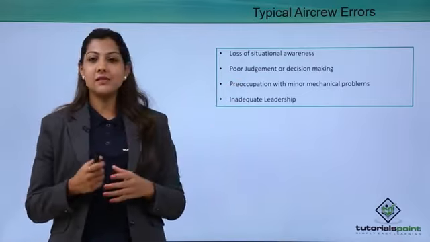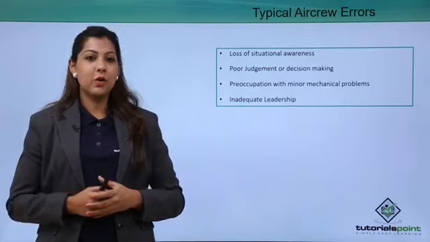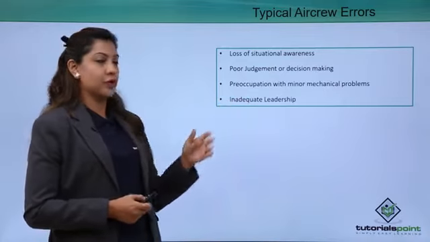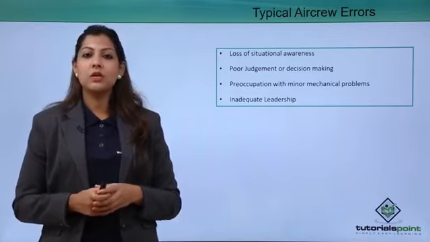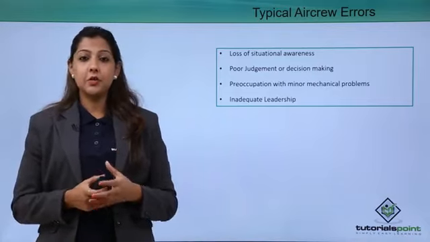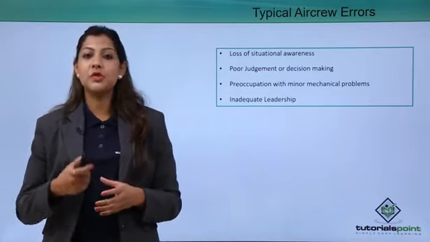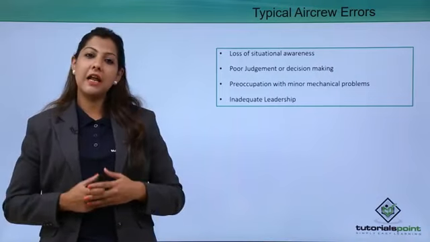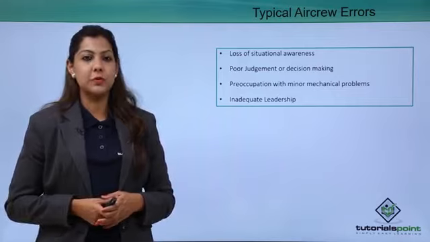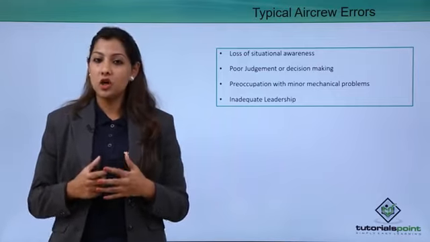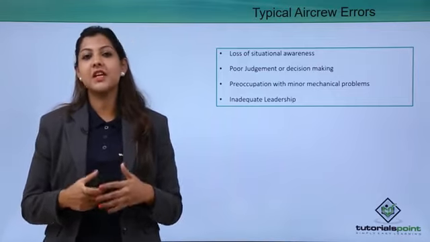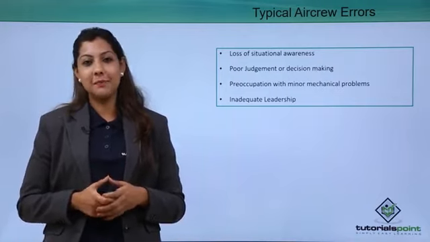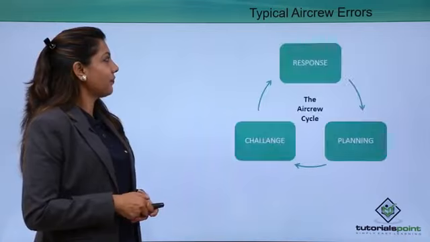Preoccupation with minor technical problems can also be a cause of an error. And inadequate leadership. A lot of times people don't know how to be good leaders. A flight crew member, for example, a pilot, may not be able to designate or delegate authority to his co-pilot, and it can be the same for a cabin crew member also. So you need to not take all the work on yourself. It's important and imperative that you distribute work evenly so that you also have some breathing space.